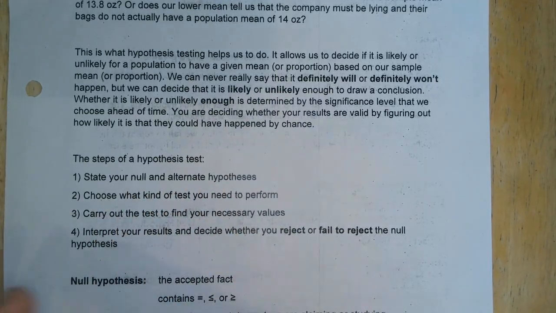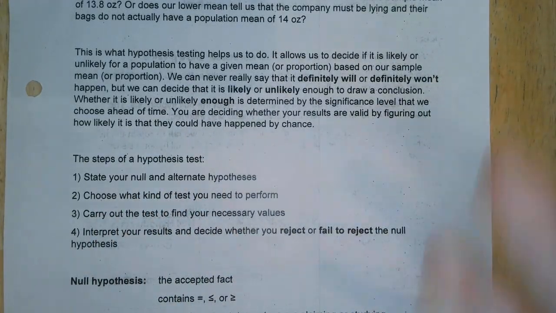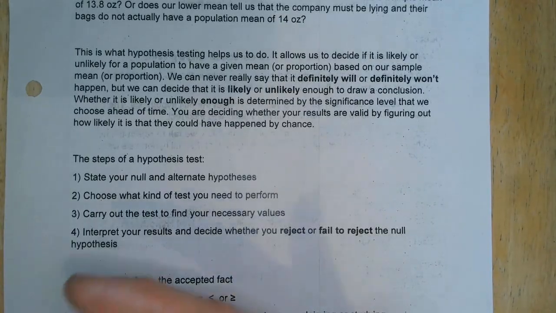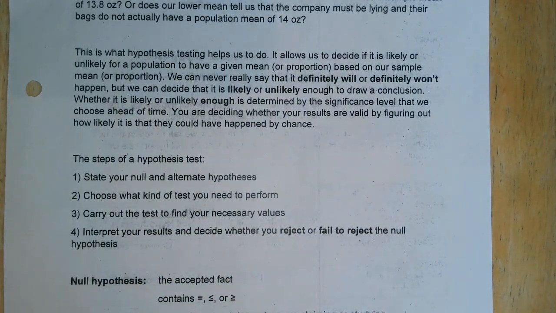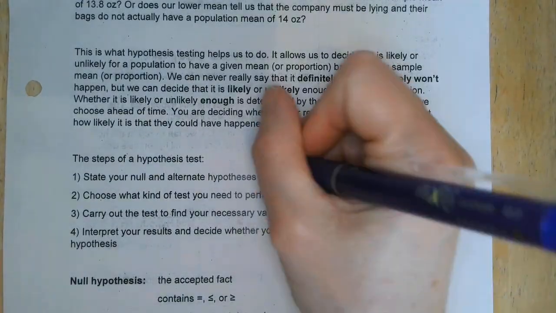Those are saying, here's what is thought to be true, and here's what I am saying could be true instead. So for example, the null hypothesis would be that the weight of the chip bags is 14 ounces. My alternative hypothesis might be that I think the weight of the chip bags is less than 14 ounces.